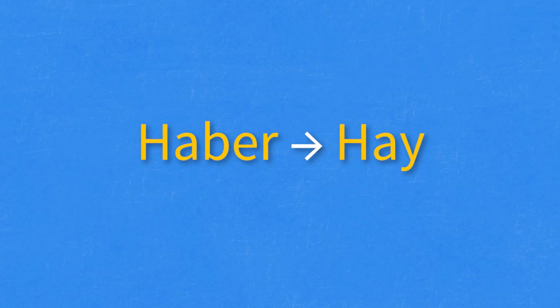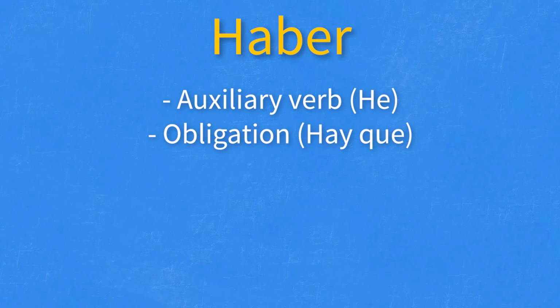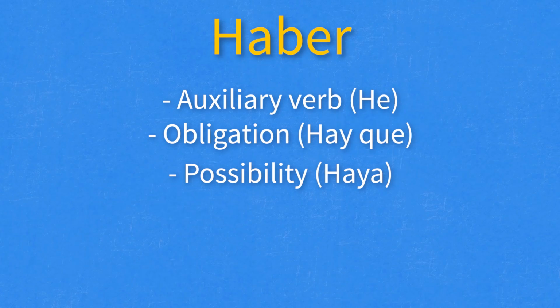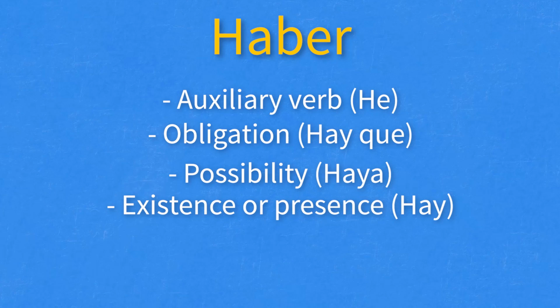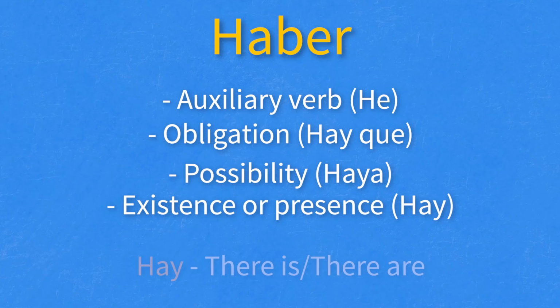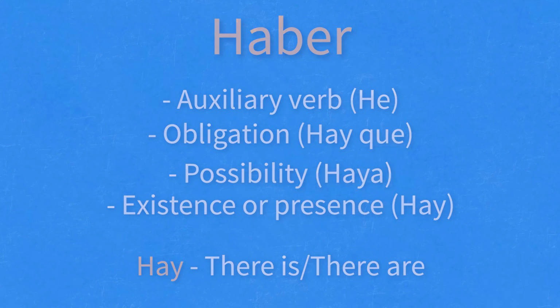¡Vamos! Hay is the most common form of the verb haber in Spanish. The verb haber has multiple meanings and uses. It can be used as an auxiliary verb to talk about obligation or to express possibility in a hypothetical situation. For this lesson, we are only focusing on the use of hay. Hay expresses the existence or presence of someone or something, like the English there is or there are.